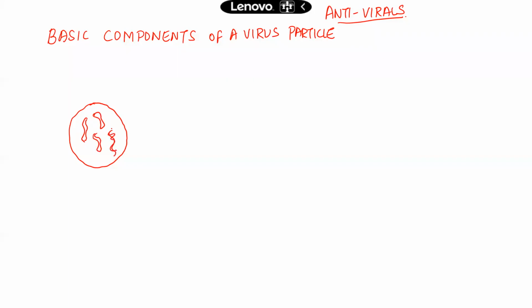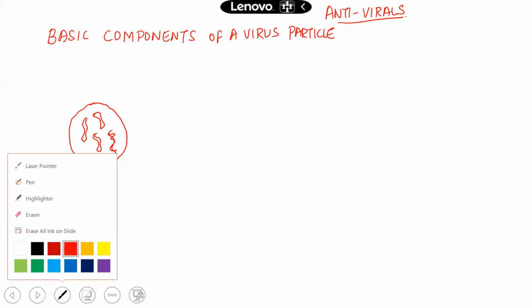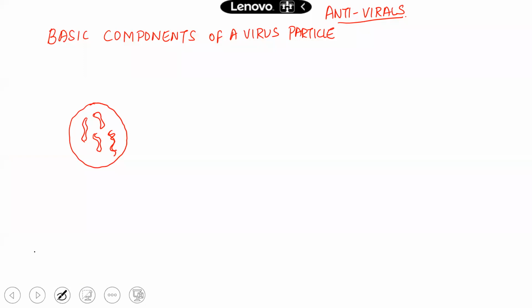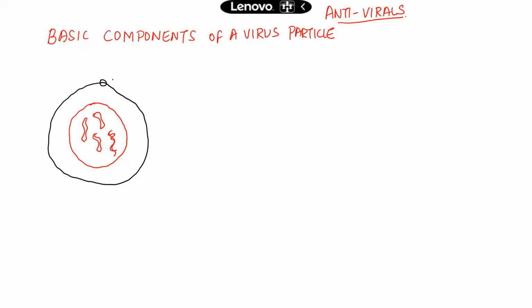Now, surrounding this particular structure will be a protein shell, and this protein shell is important for the virus as it helps in various processes. We call that structure the capsid layer. This is circular, don't mind the drawing. The structure that I'm drawing is your capsid layer that covers the genetic material.